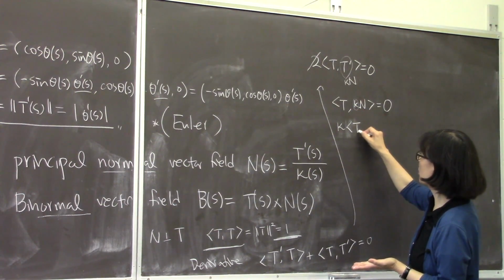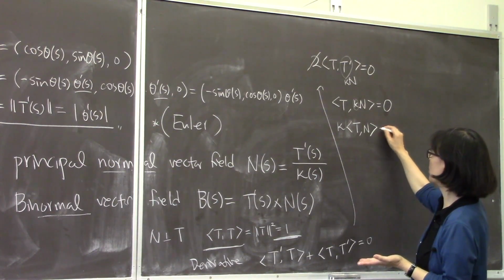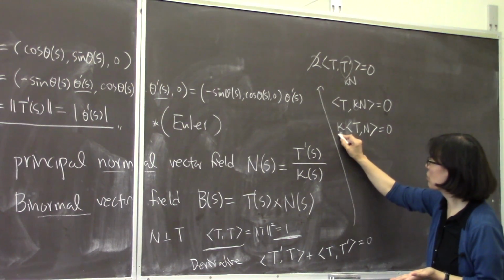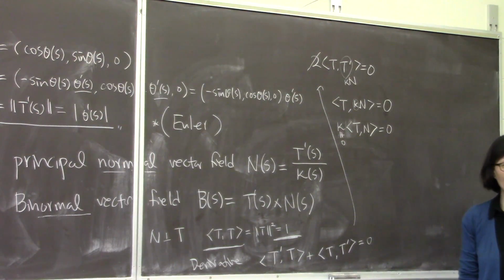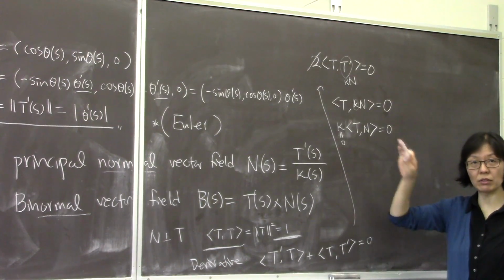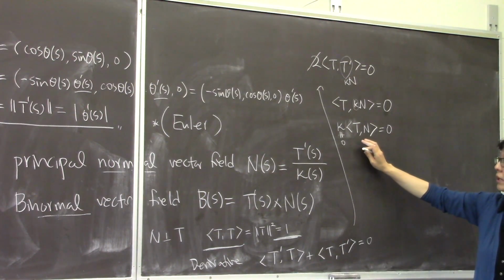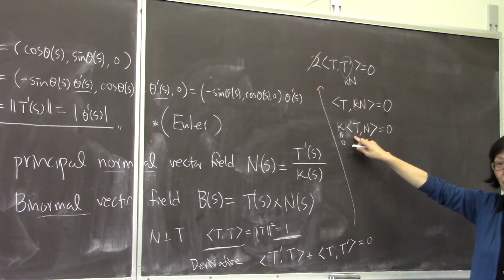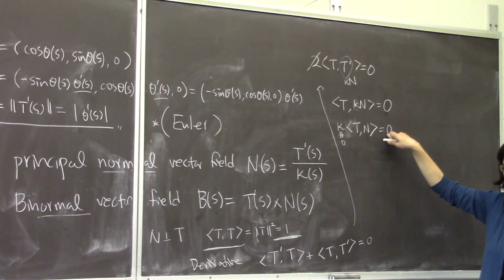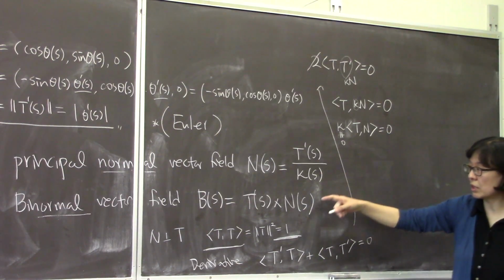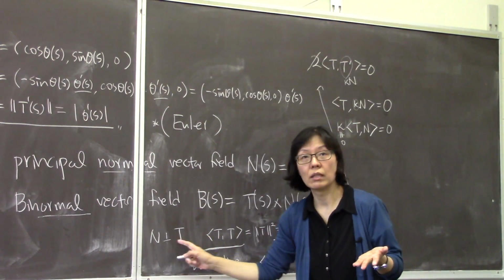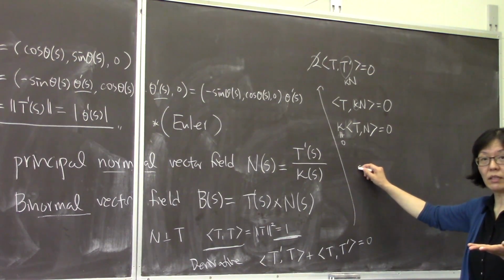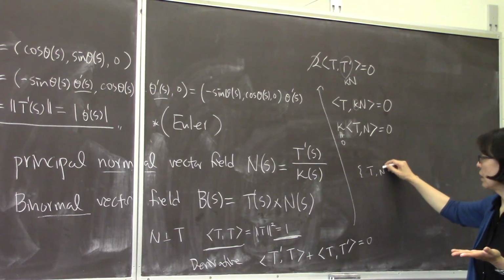So the dot product of T and N is 0. Then we assume curvature is not 0 anywhere on the curve. Then the dot product of T and N is 0, which means T and N are perpendicular. So we have T, N and B.